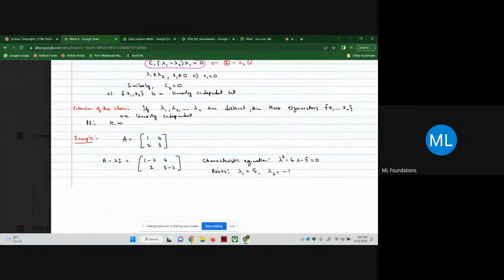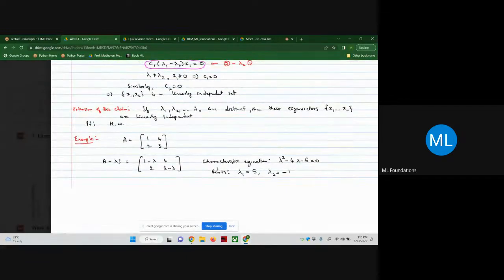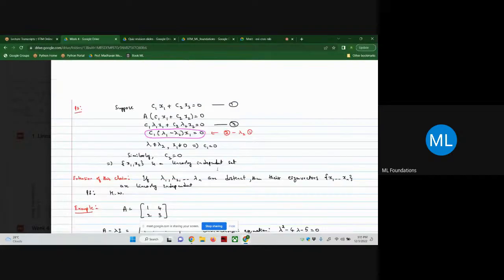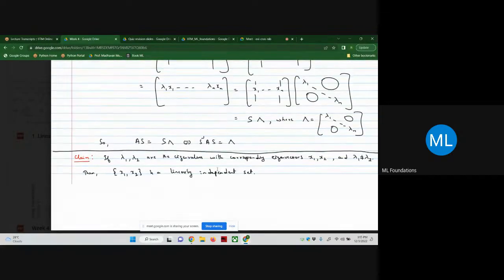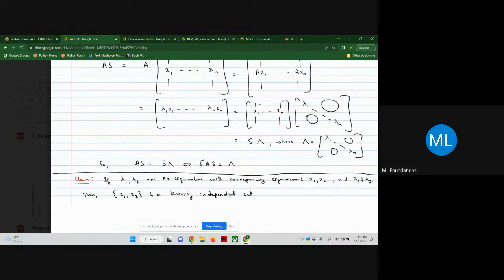But in the case of symmetric matrices, the matrix you get from the eigenvectors is going to be orthogonal. It is not just linearly independent, it is going to be orthogonal.